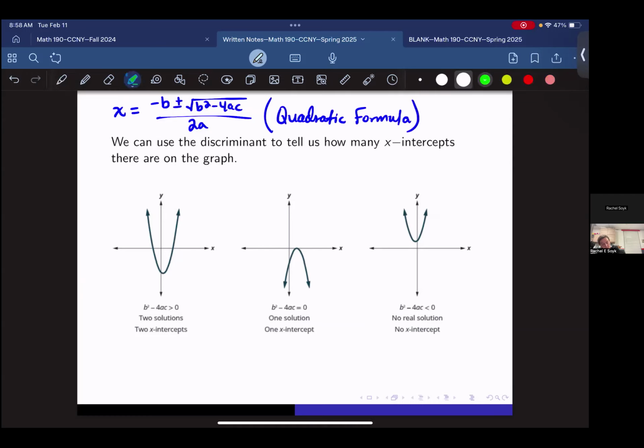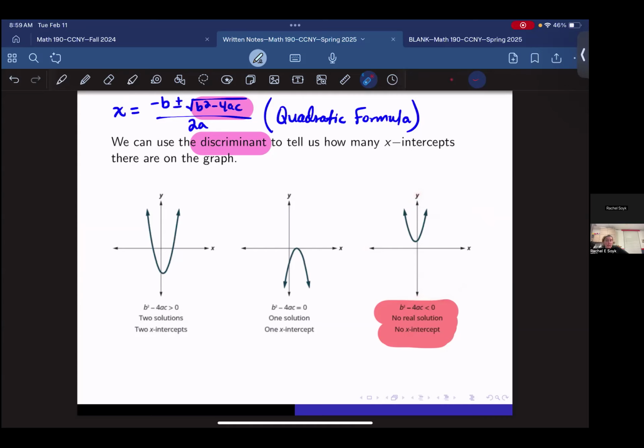Well, we're really honing in on what's underneath that square root sign, which is known as our discriminant. When we have a negative underneath the square root, there's going to be no real solution because the square root of a negative number is imaginary. And this is where we won't have any x-intercepts. So an example visually would be a parabola or a quadratic function like this.